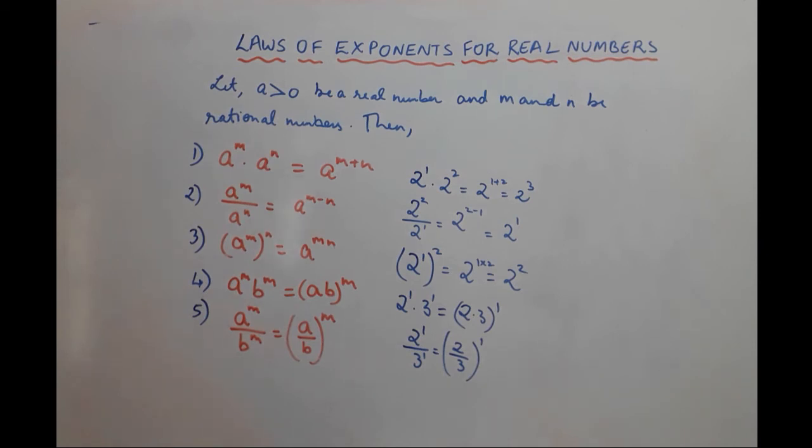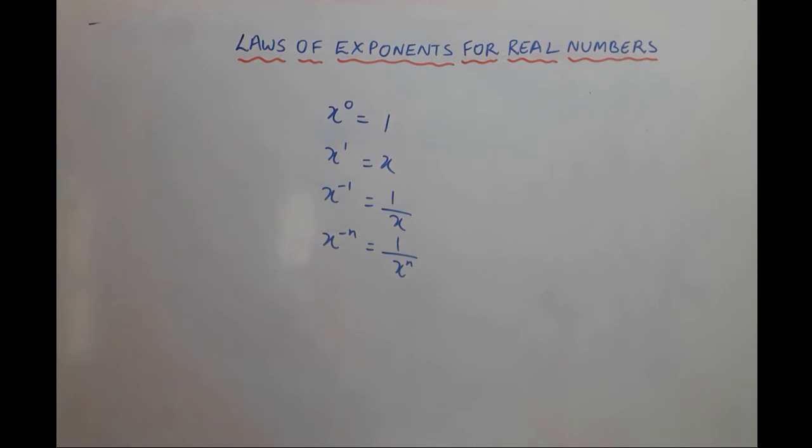When the bases get multiplied with the same power, you can club them together under one bracket and raise them to the common power. The same thing goes with the division problem, where the bases are different but the powers are the same, so you can put both the bases in one bracket and raise them to the common power.